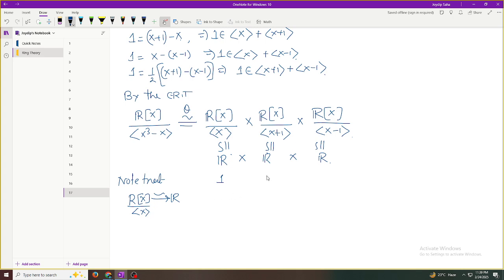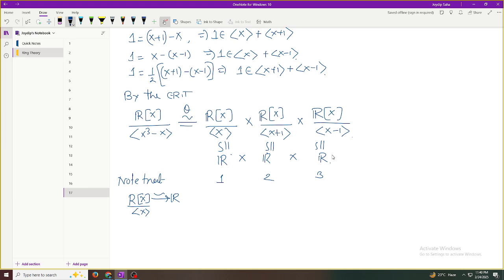Here, if we write 2, those polynomials in R[x] after dividing by x plus 1 leave remainder 2. And if we write 3, those polynomials after dividing by x minus 1 leave remainder 3, right? So these are the images.